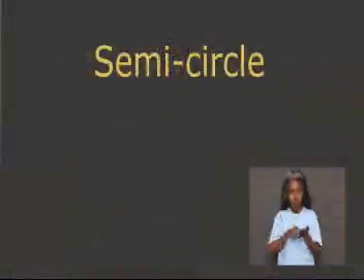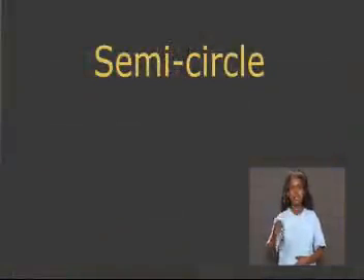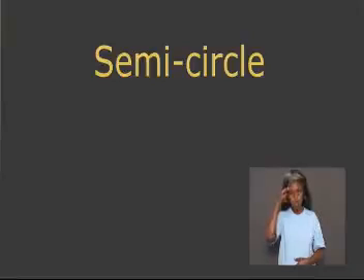An arc is the distance between any 2 points on a circle's circumference. If the 2 points happen to be the circle's diameter, the arc is called a semicircle because it is half of the circle's circumference.